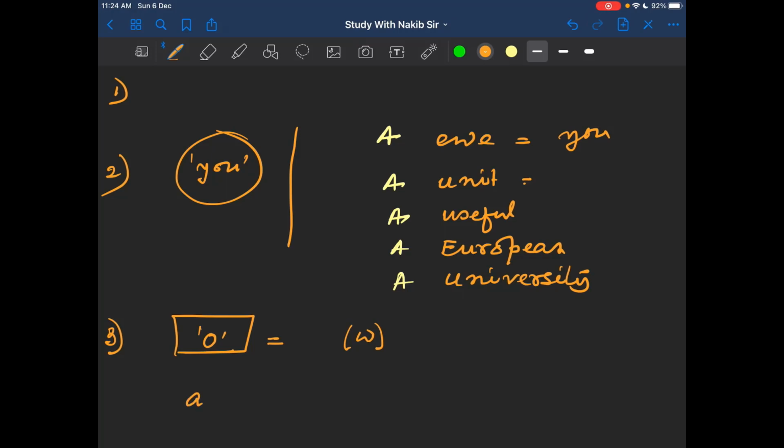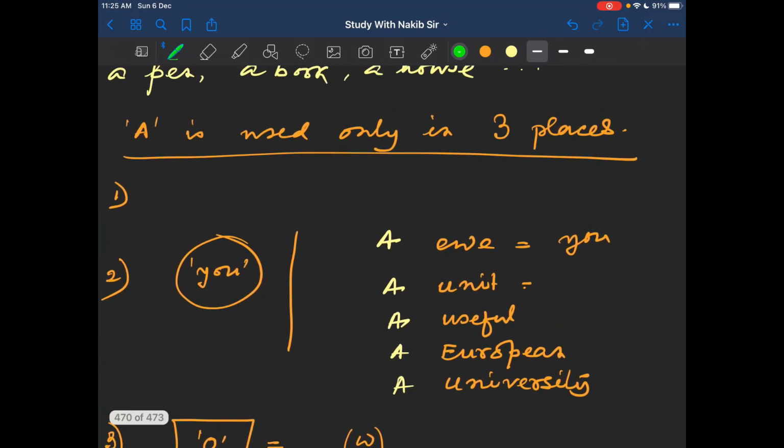So a one-rupee coin, not an one-rupee coin. Remember this one: a one-rupee coin.